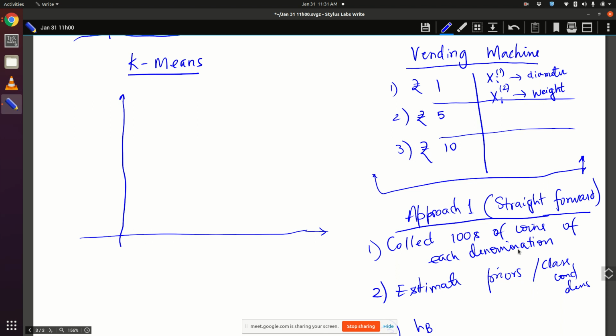So instead, what you do is you collect a bunch of coins and put them through your vending machine, which can directly measure diameter and weight. Okay, so you don't care about what the denomination is. So we are talking about approach 2, which is clustering based labeling.